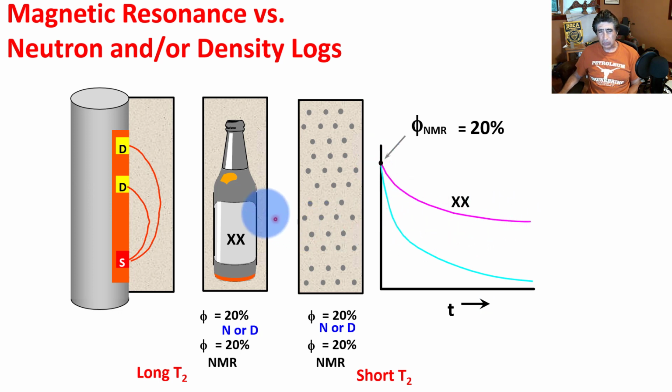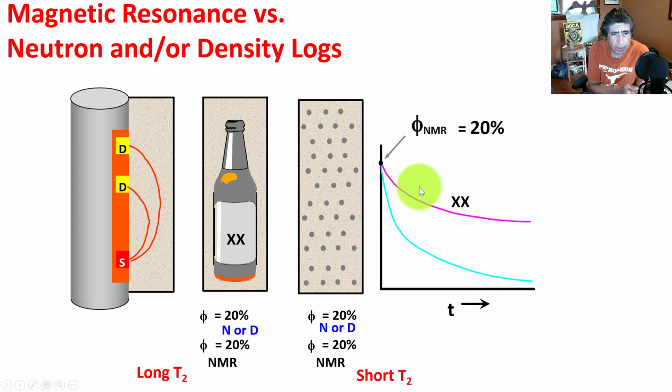In the example of the Dos Equis beer, the decay will be relatively slow. And in the case of the small pores, it will decay relatively fast. And both decays will begin from the maximum proton polarization possible, which is assuming that all the protons are distributed in the pore space, large and small.